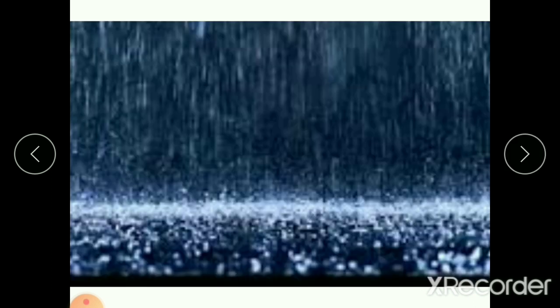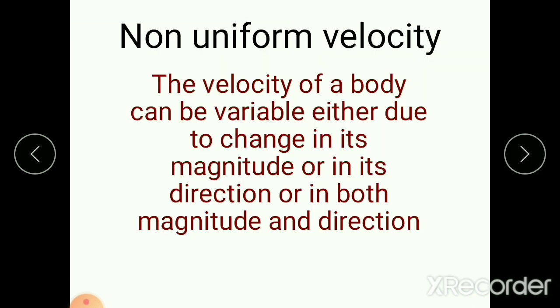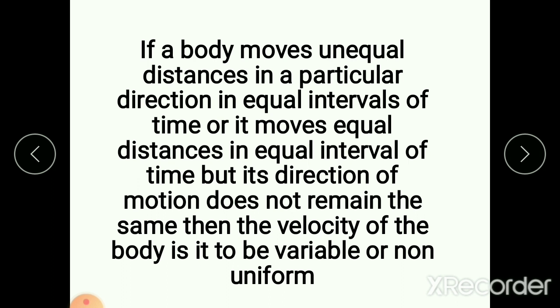Next we'll see non-uniform velocity. The velocity of a body can be variable either due to change in its magnitude or in its direction, or in both magnitude and direction. We call it a non-uniform velocity.